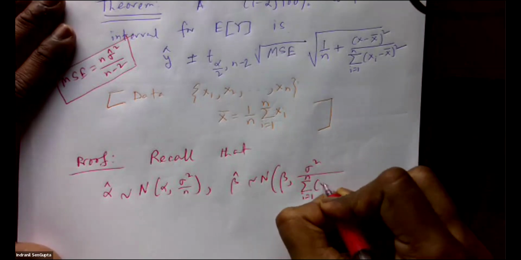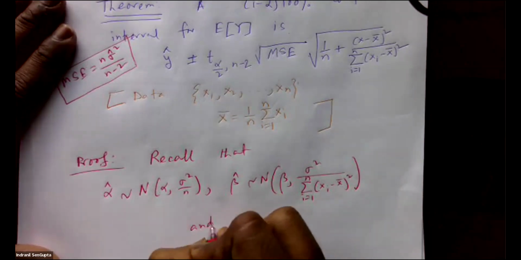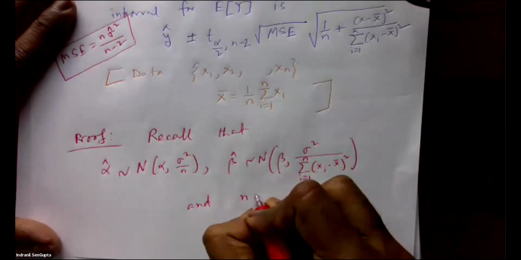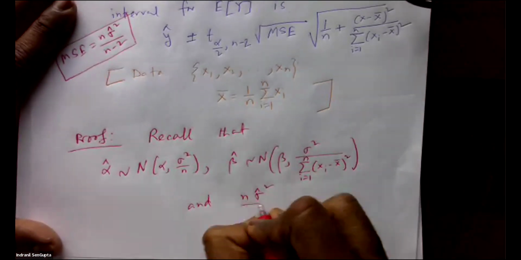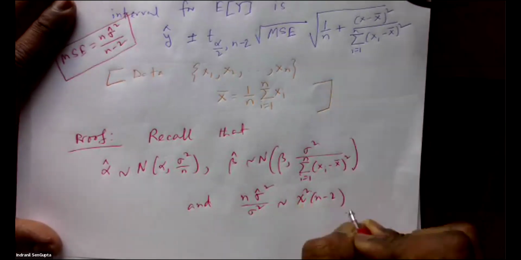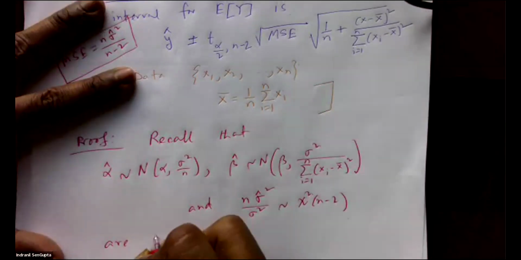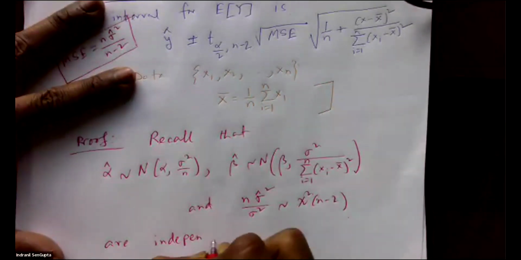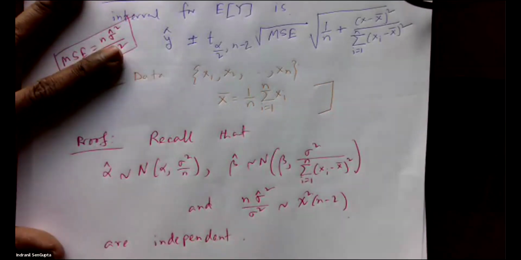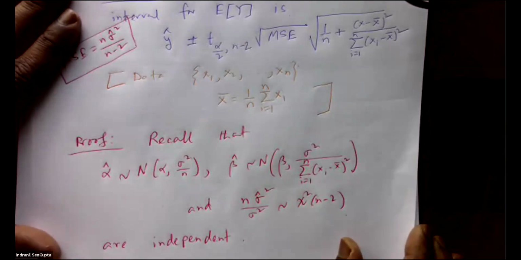And n sigma hat squared over sigma squared follows a chi-square distribution with degrees of freedom n minus 2. These are independent. So this alpha hat, beta hat, and this quantity, they are independent.